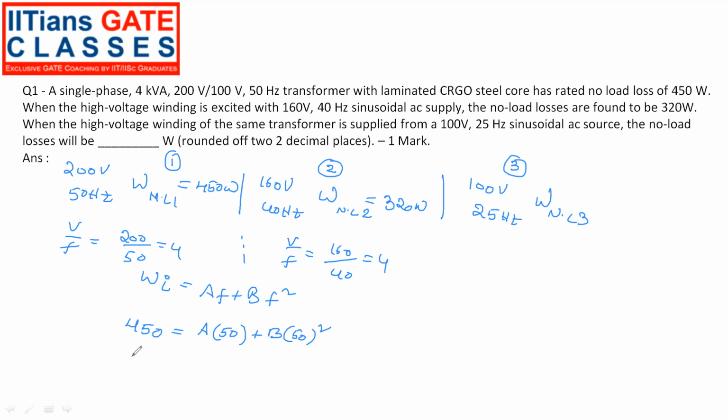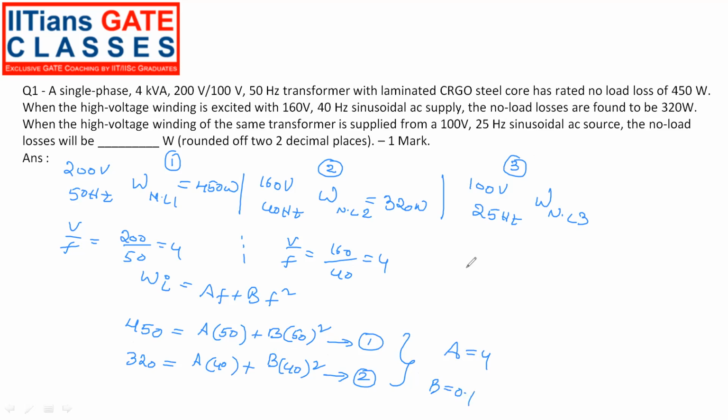For the second case, we have 320 equal to A into 40 plus B into 40 square. Let this be equation 1 and this be equation 2. If we solve these two, we'll get A equal to 4 and B equal to 0.1.